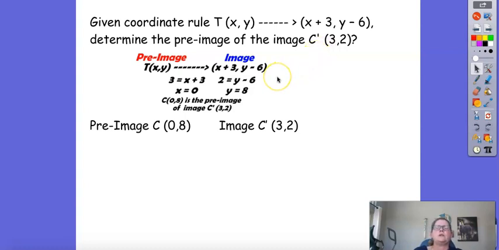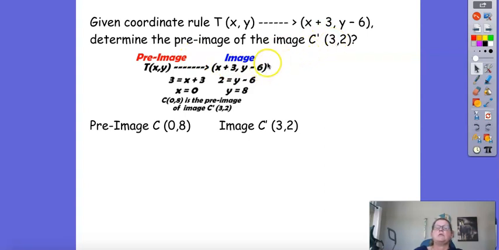So on this one, you're going to have to go back to algebra a little bit, and you're going to say, okay, well, x plus 3 is going to equal 3, and you're going to solve for x. X started at 0, because if I subtract 3 from both sides, x is equal to 0. That means if my x was a 0 and I followed this rule, 0 plus 3, I would land at 3. Does that make sense?